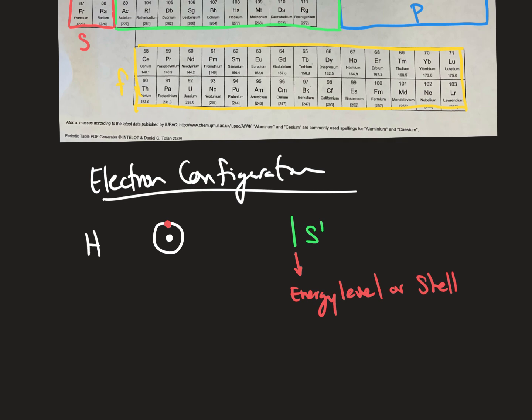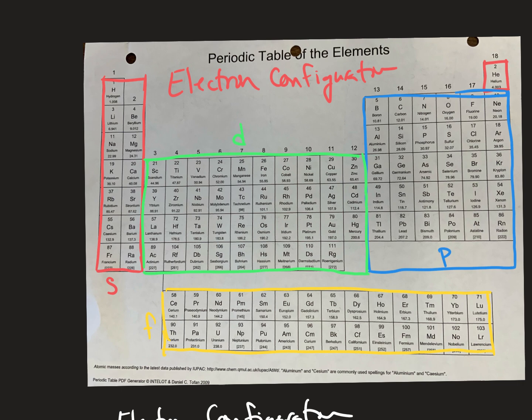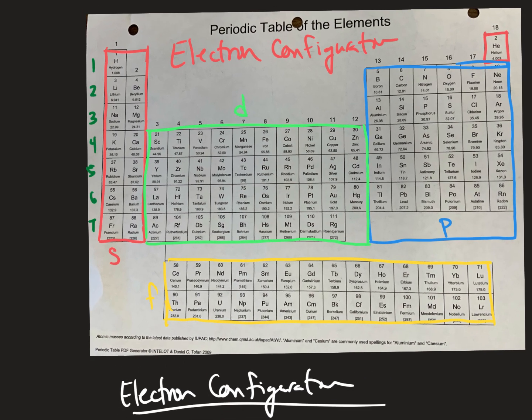If we look at the periodic table, here are the energy levels: energy level 1, 2, 3, 4, 5, 6, and 7. Those are the different periods. So energy level 1 consists of the entire period 1. And we can see hydrogen, the first electron, is in energy level 1.